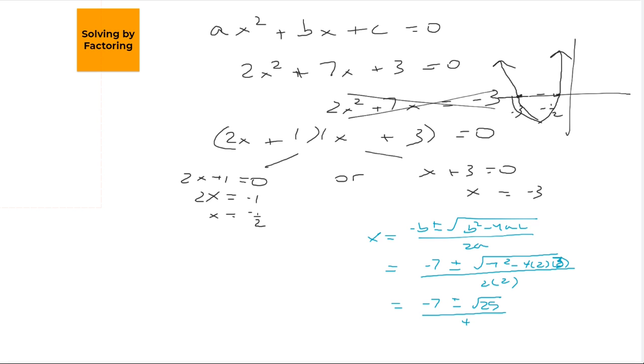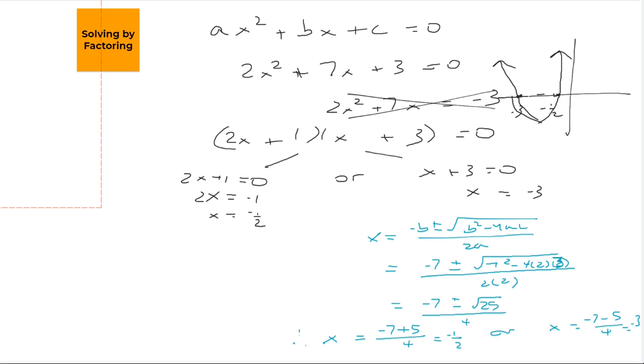That's going to give me a whole number because the square root of 25 is the whole number 5. So I have two options. One of the roots is x is -7 plus 5 over 4, or the other one is x is -7 minus 5 over 4. The first one is going to give me negative 2 over 4, which is negative 1/2. The second one is going to give me negative 12 over 4, which is negative 3. And you can see it's the same solutions as with the factoring.